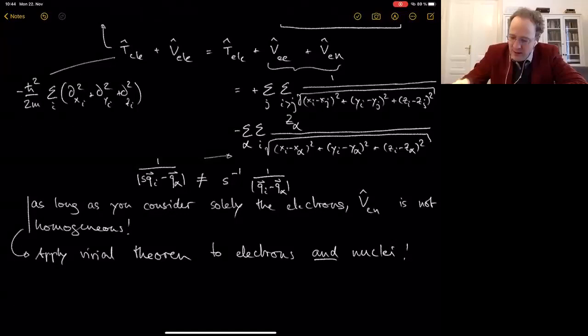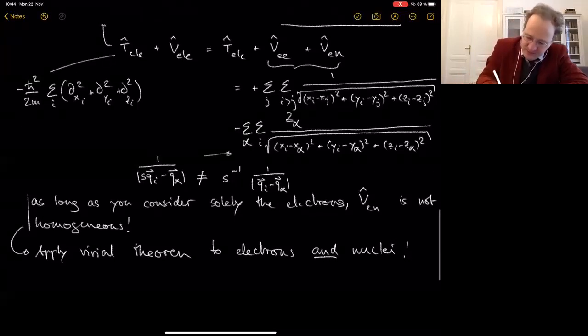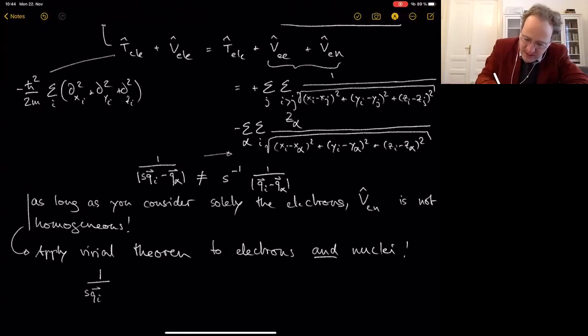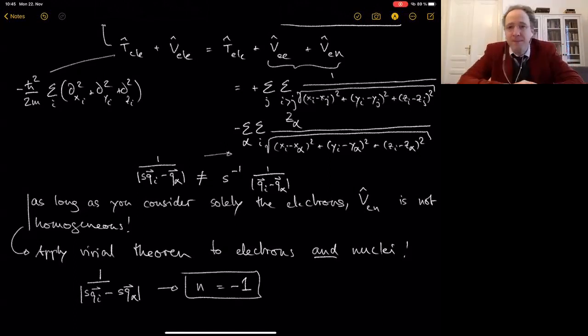So if you're allowed to use 1 SQI minus SQ alpha, right, then of course n equals -1. Now, what does this mean?